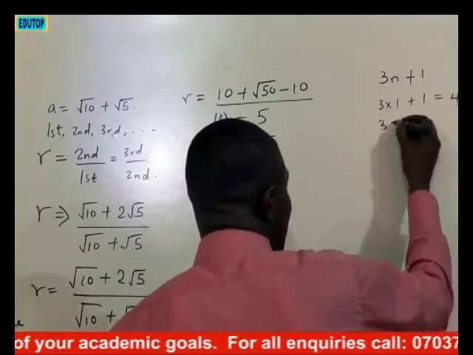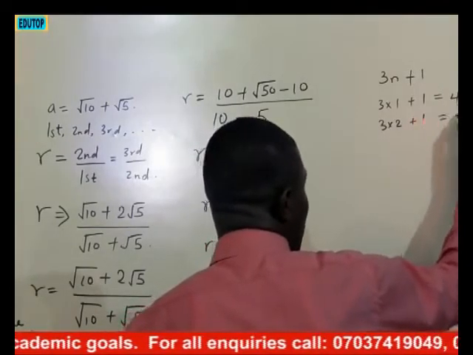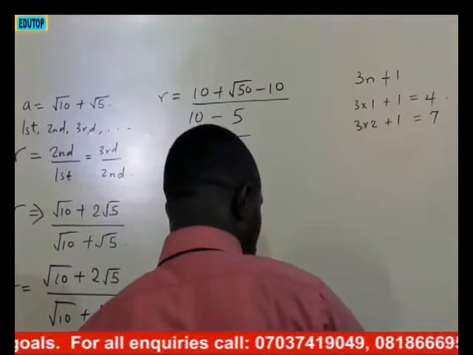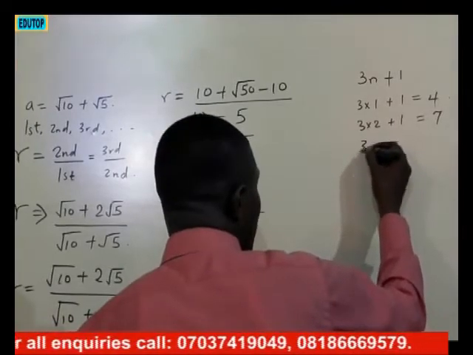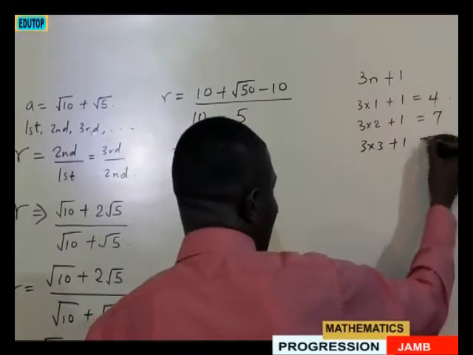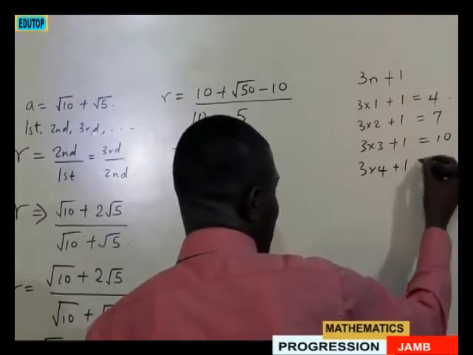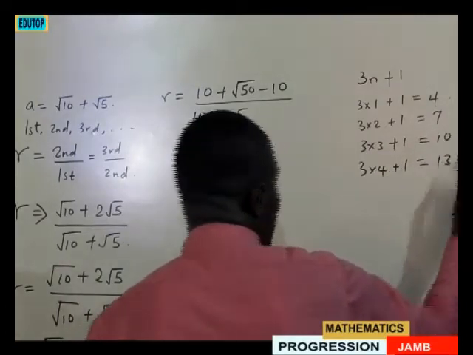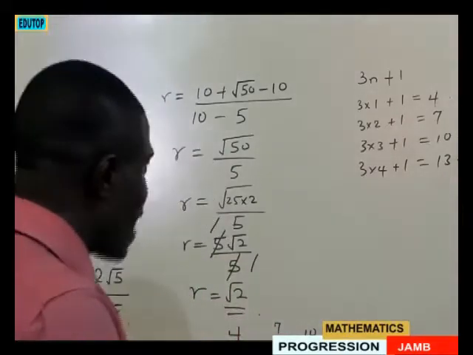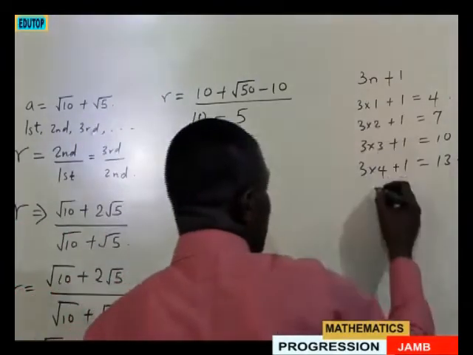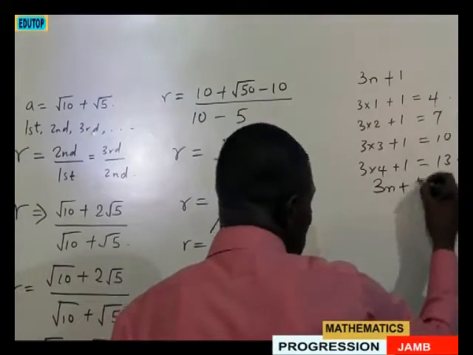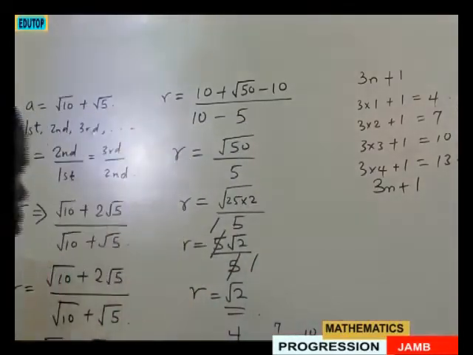Then 3 times 2 plus 1 gives me 7. I hope you are following. Then 3 times 3 plus 1 gives me 10. Then 3 times 4 plus 1 gives me 13. So you can see the trend. That means the pattern of all this is what? 3n plus 1. That's the pattern.